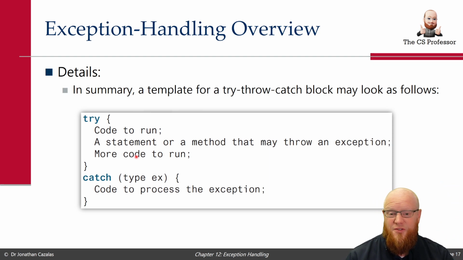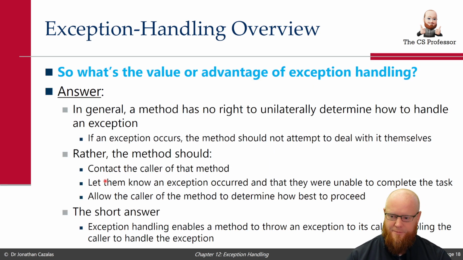You could have just a few lines, but one or more of them may cause an exception. And then as a result, we have to have a catch block that will catch that exception that is thrown and then have some code to either process that exception or, using that phrase, hot potato, pass the buck, pass the exception even back to someone else, and we'll cover that.